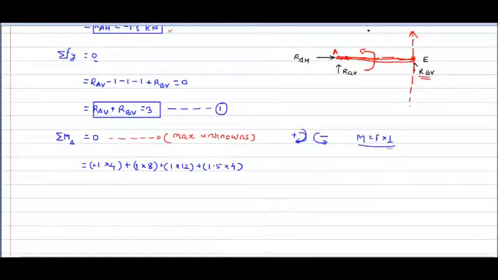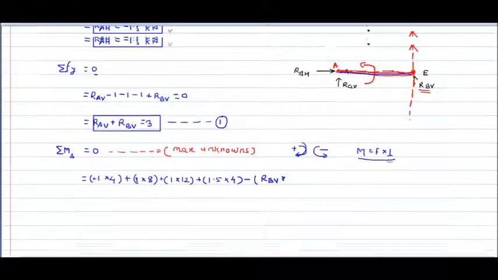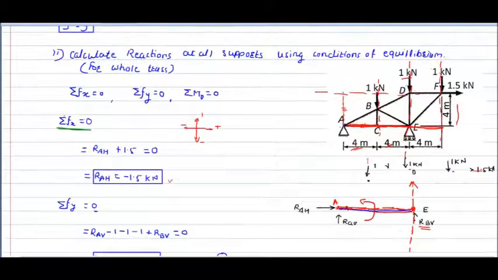So for this we are going to take minus of RE vertical multiplied by the perpendicular distance. Now, that is not actually RBV, that is RE vertical.